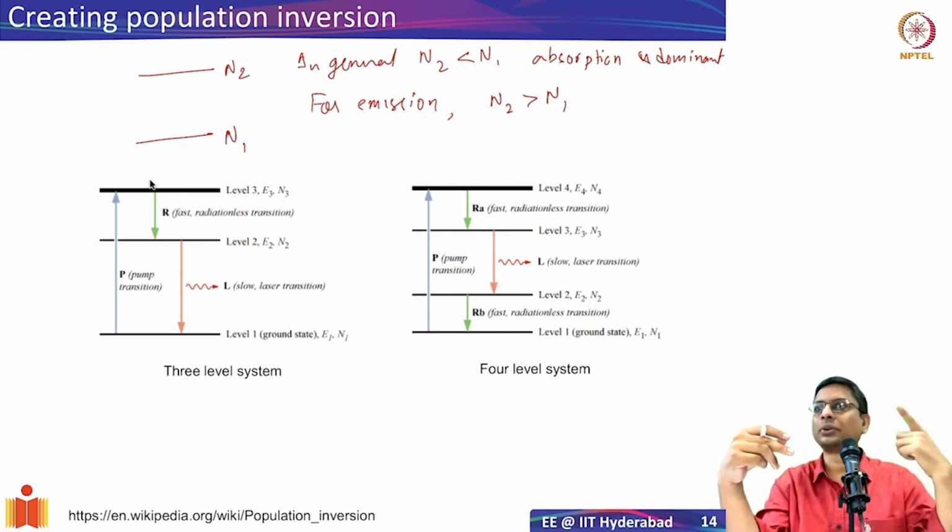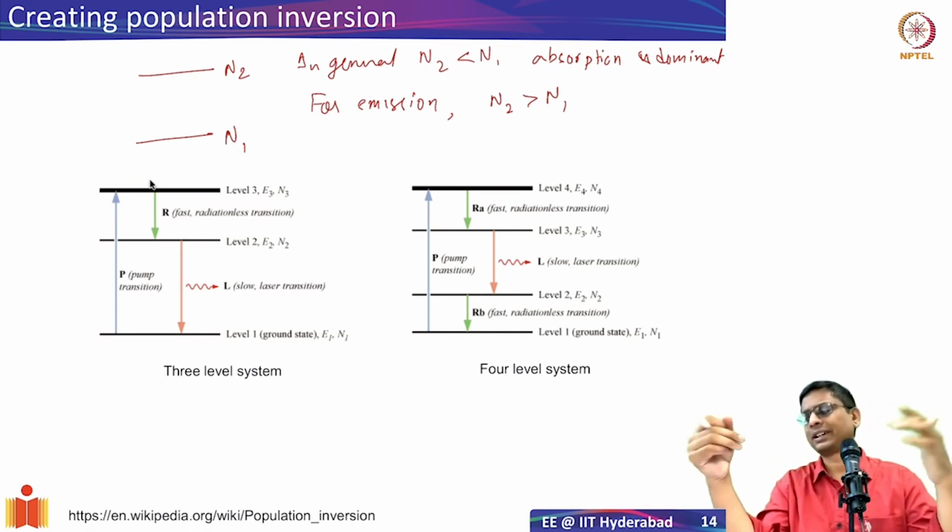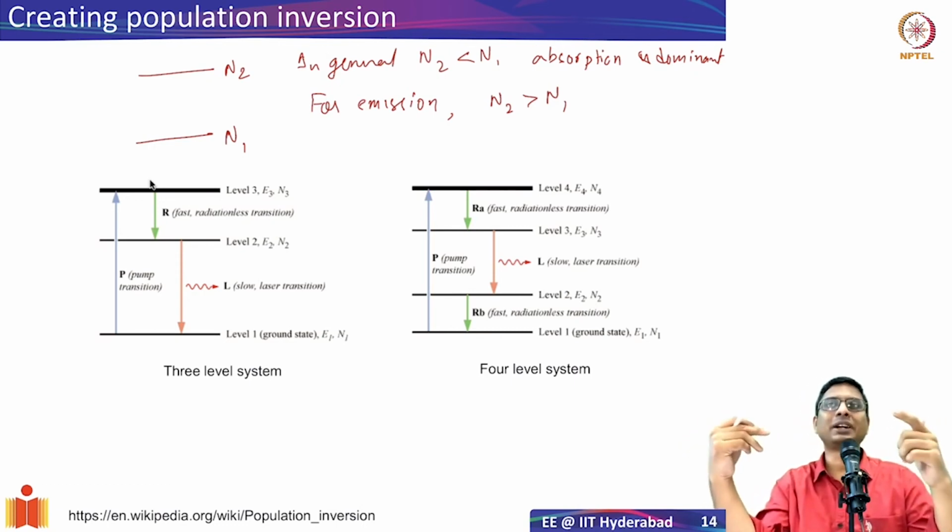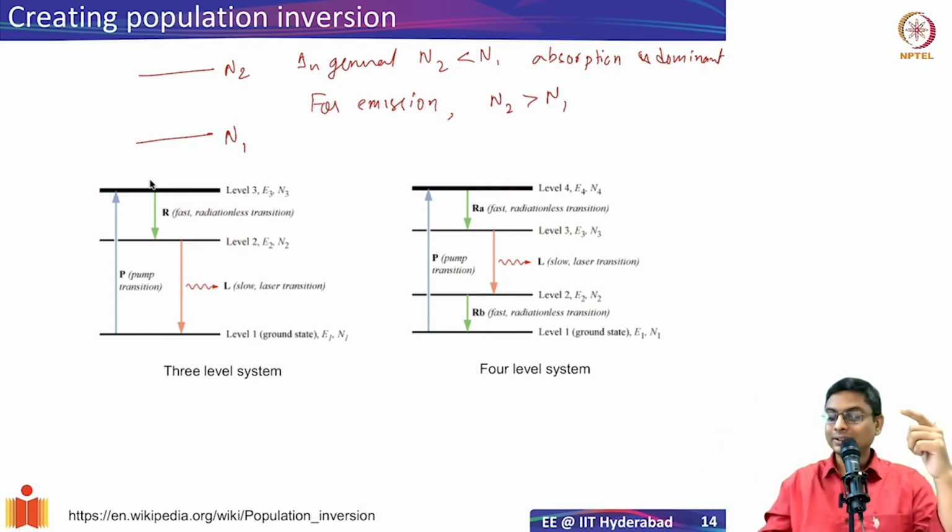It undergoes thermal relaxation, comes down to the band edge and emits a photon. That's what we talked about, right? It can be pumped optically or even electrically. I can supply electron-hole pairs, and I'll show you in a moment how we can do that. So you can have N2 greater than N1. That is essential, okay? And this phenomenon of N2 being greater than N1 is known as population inversion.